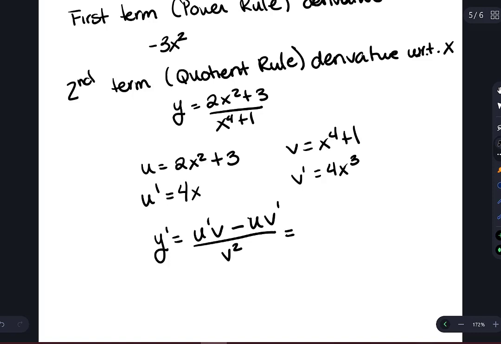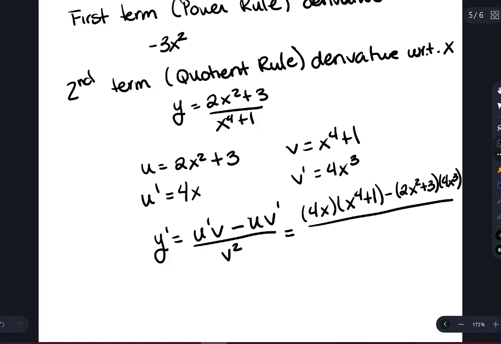So plugging this in, we're going to have 4x times x to the fourth plus 1 minus 2x squared plus 3 times 4x cubed, all over v squared, and in this case v squared is equal to x to the fourth plus 1 squared.